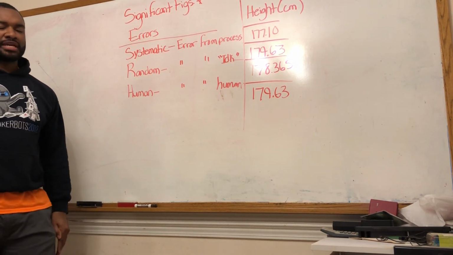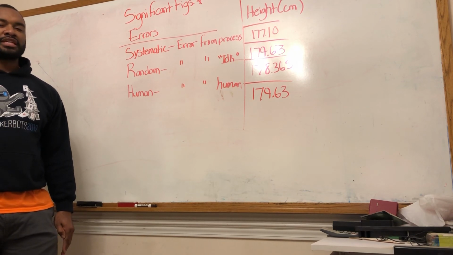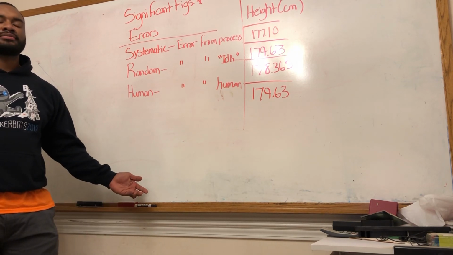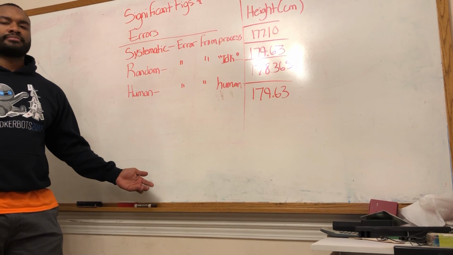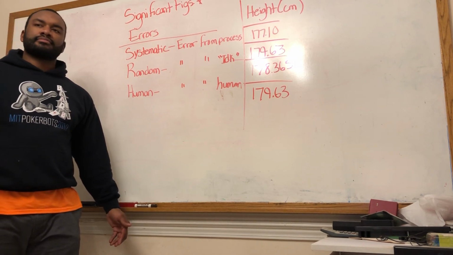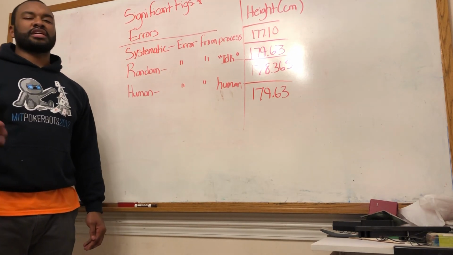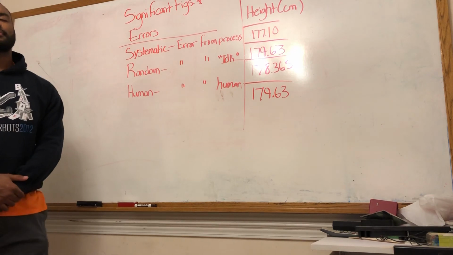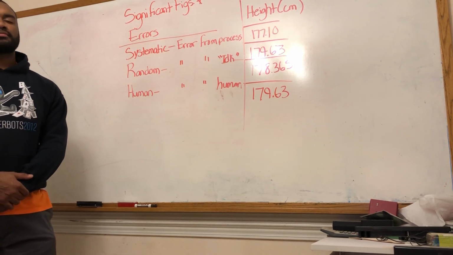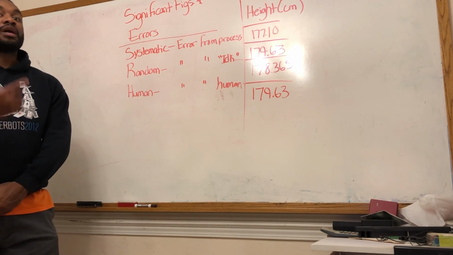And there's human error. For example, you could say Trey has a tendency to measure things and round up too much, right?